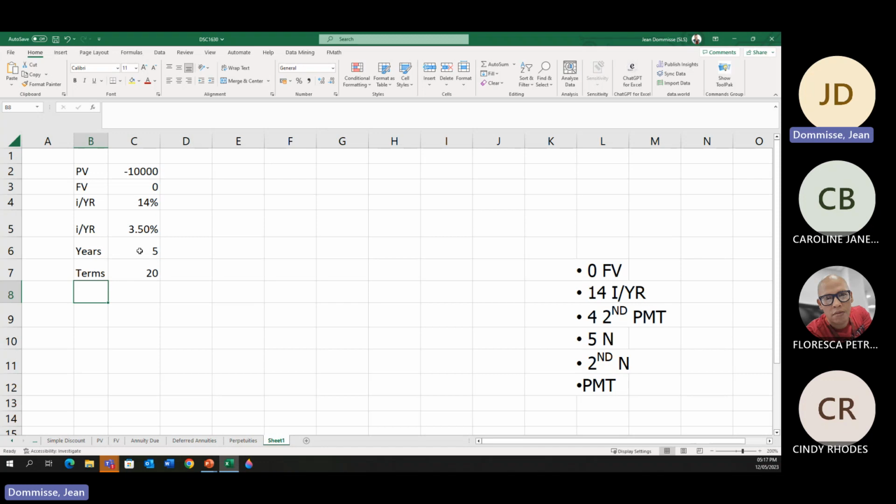But if you use Excel, you need to tell Excel. Excel is not, in that instance, as clever as the financial calculator.